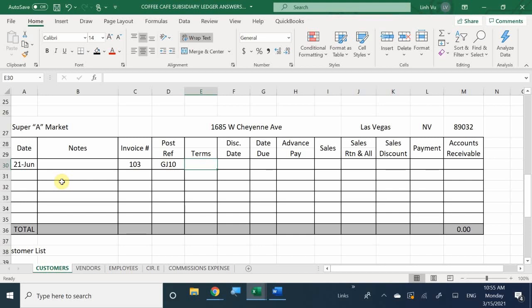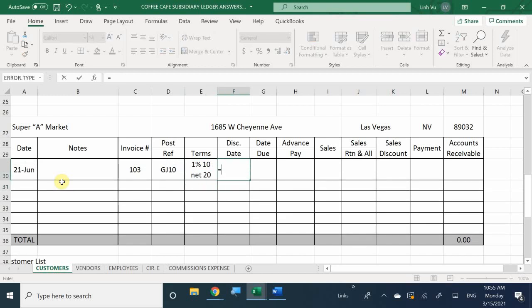Terms: 1% 10, net 20. That means the discount date is going to be, what date did they have to pay to receive it? July 1st. Good. And if not, when is the whole thing due? July 11th. Good.